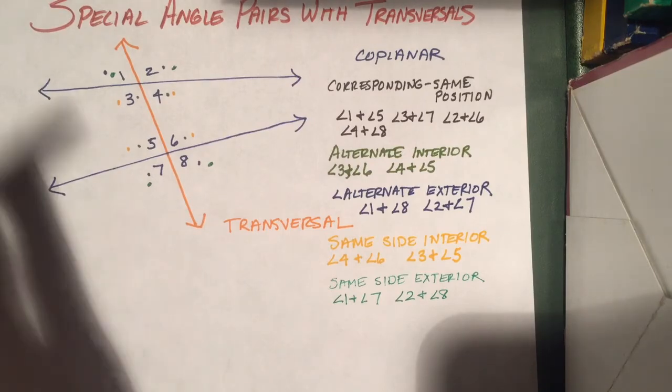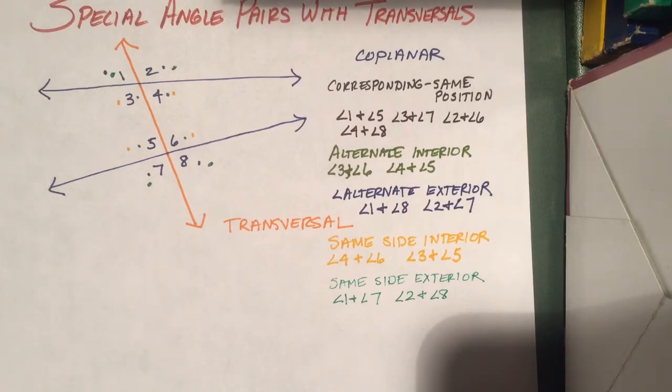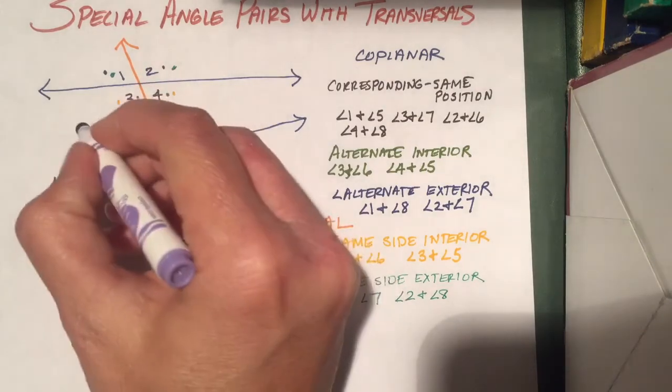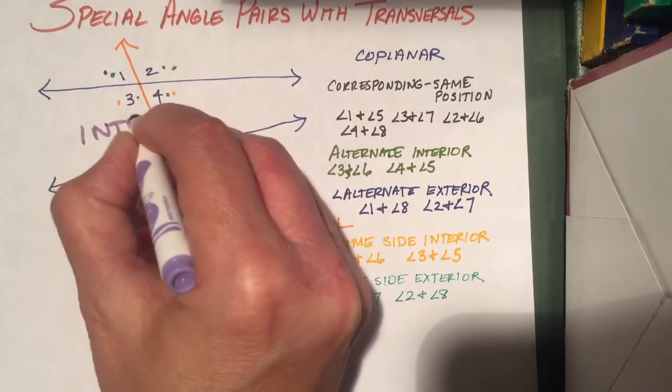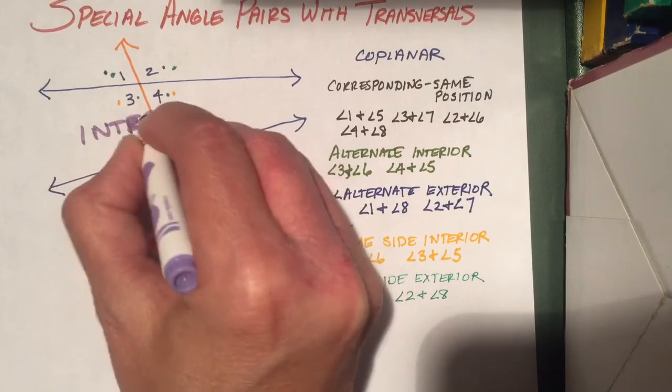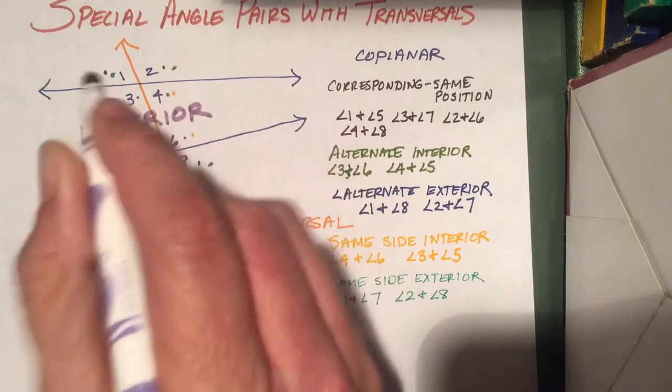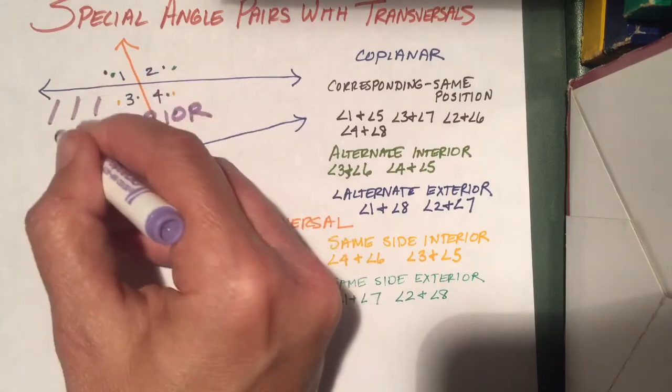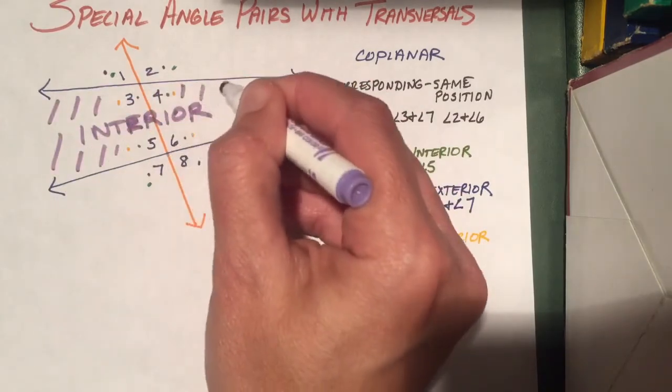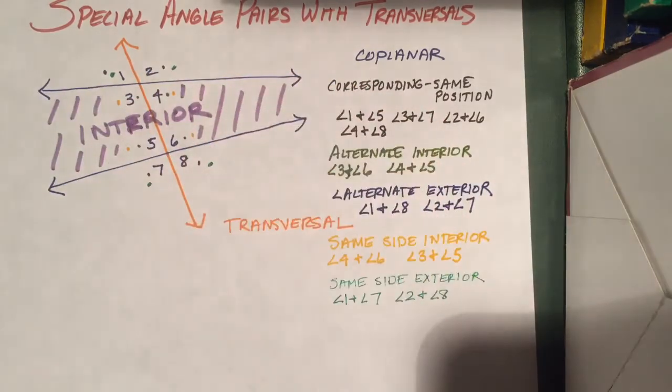Now, just so you can look at what I'm talking about with interior and exterior, I want you to be able to see this visually. This, oops, if I could spell, it's not English, right? It's math. This is the interior. All of this area here, inside, is the interior portion of the picture.